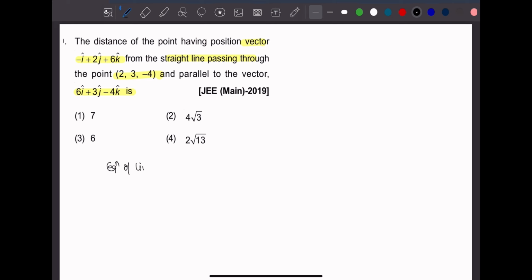Equation of line is x minus 2 by 6 is equal to y minus 3 by 3 is equal to z plus 4 by minus 4. They are saying we have a line and a point P, that is minus 1 comma 2 comma 6, and we have to find this distance.